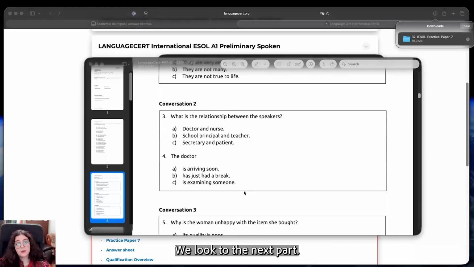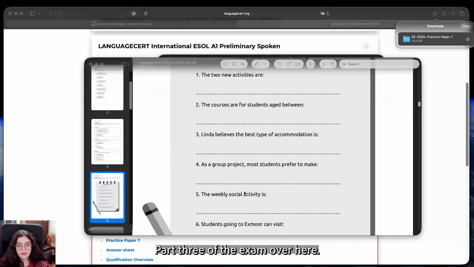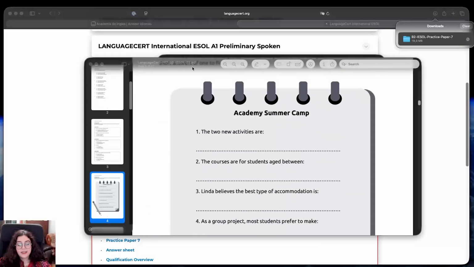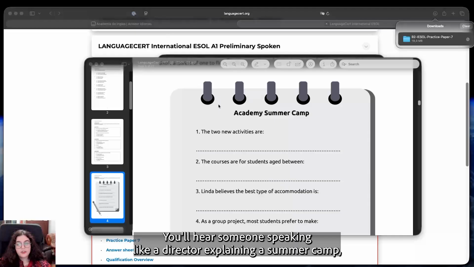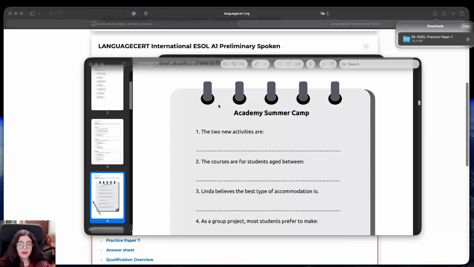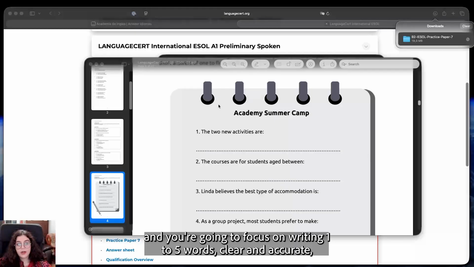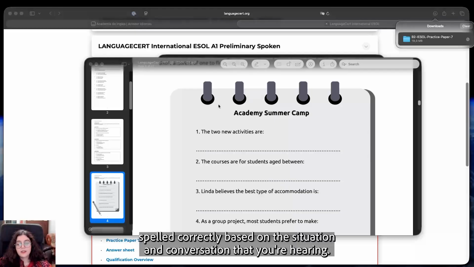We look to the next, part 3 of the exam over here. Now, in this portion, it's about note-taking. You'll hear someone speaking, like a director explaining a summer camp, and you're going to focus on writing 1 to 5 words, clear and accurate, spelled correctly, based on the situation and conversation that you're hearing.